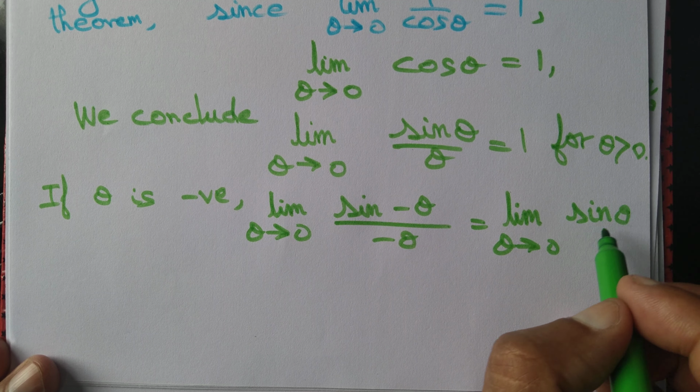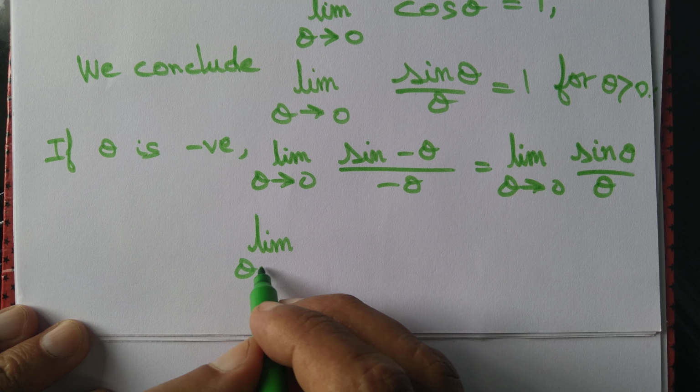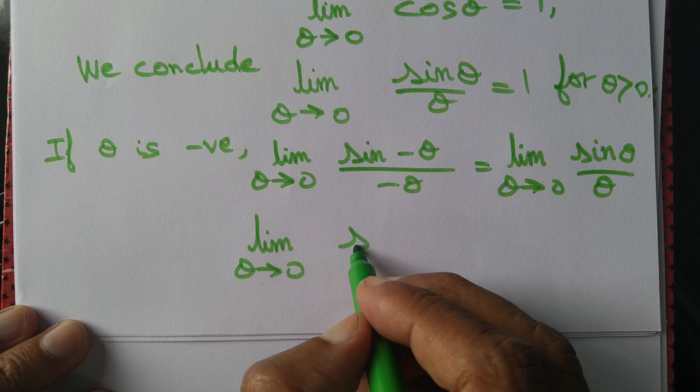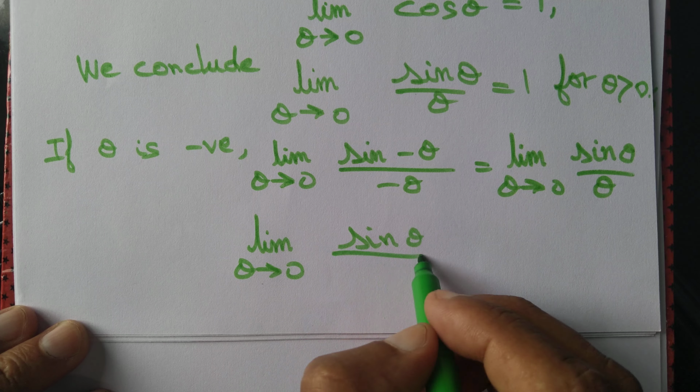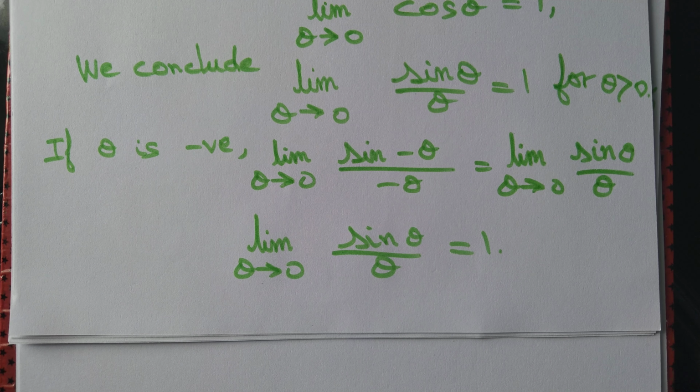If it is negative, then sine of minus theta is minus sine theta. So negative will get cancelled and minus theta will be positive. So it is true for every theta. So we can say that finally limit theta tends to 0, sine theta by theta is exactly equal to 1 irrespective of whether theta is negative or positive.